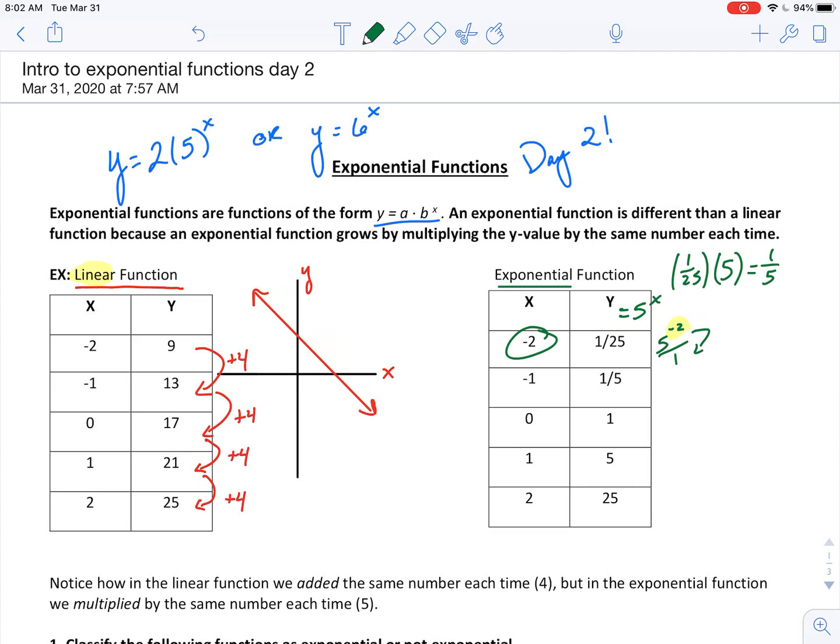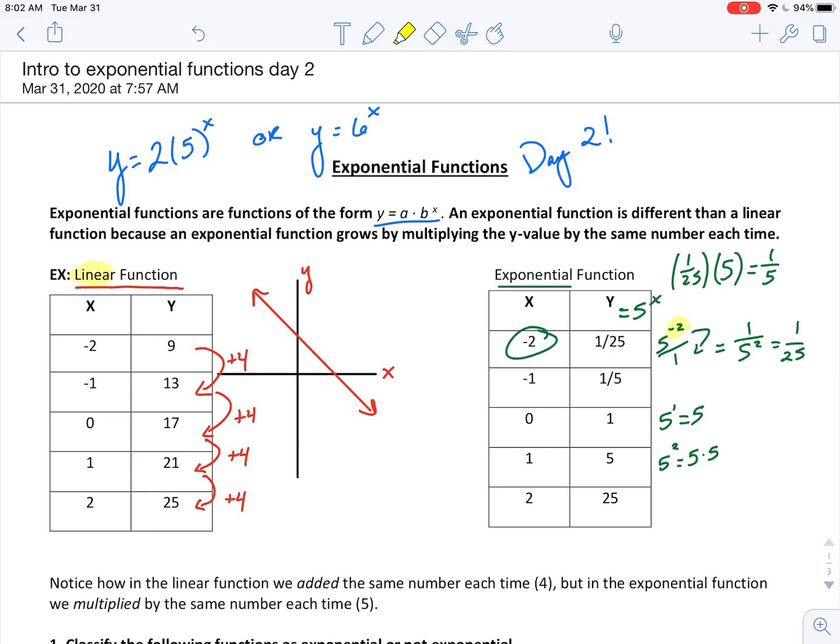And what do we do when we have a negative exponent? Well, we move that down into the other part of the fraction. I think Mr. Porth's analogy was we're grounding it. You're being bad, you're being negative, you get sent to your room. So this is like 1 over 5 to the second, which is 1 over 25.